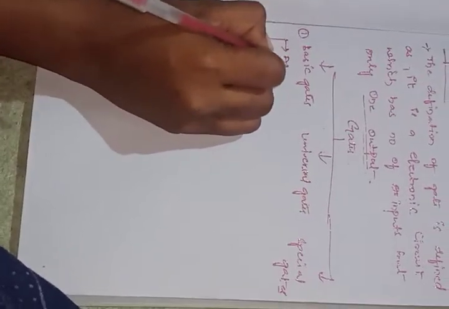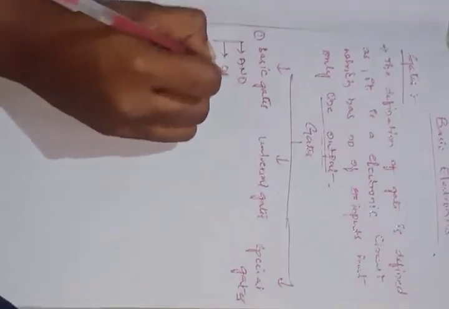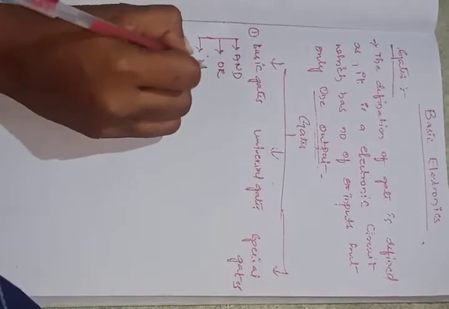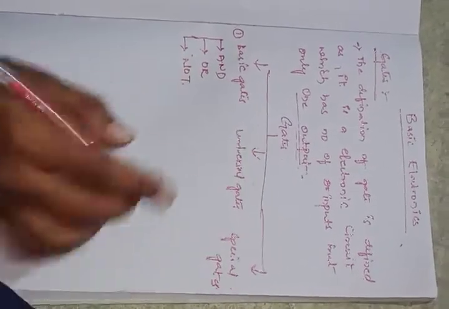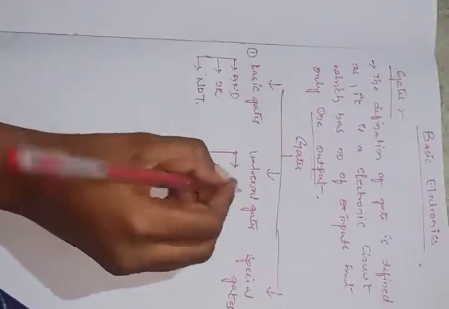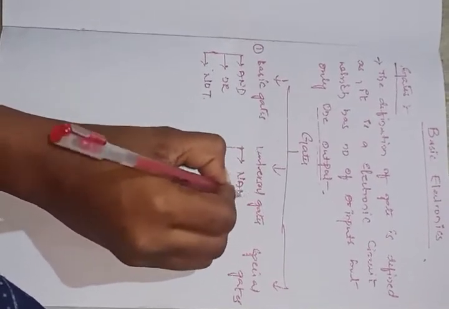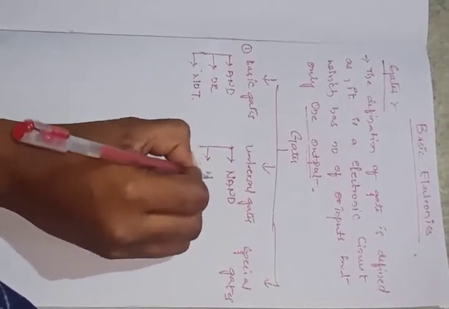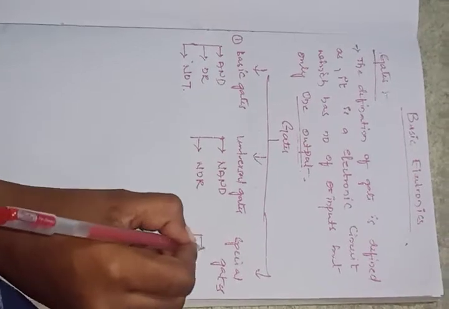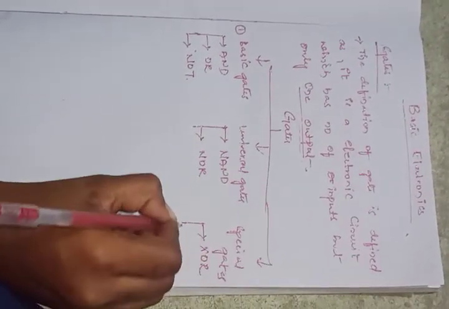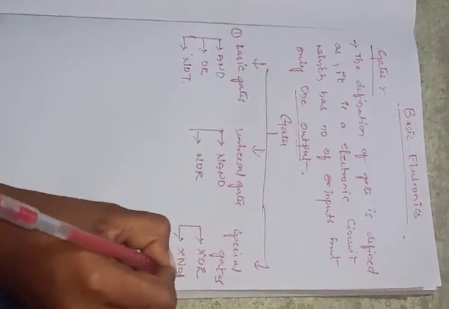Okay, the basic gates are AND, OR and NOT. And the universal gates are NAND and NOR. Special gates are XOR, XNOR.